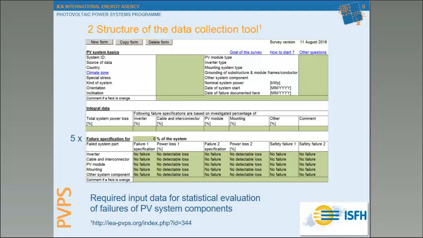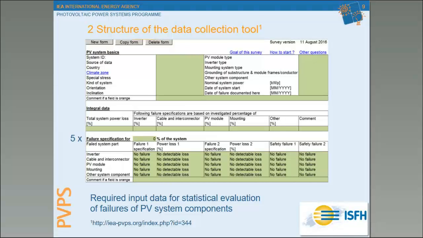As you can see here on the left-hand side, there is general data which needs to be provided, such as system site, climatic zone, etc. Then on the upper right-hand side, there are the types of the different components.